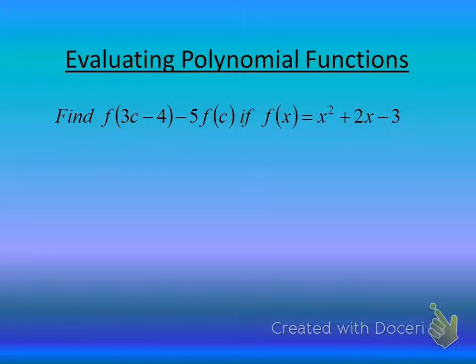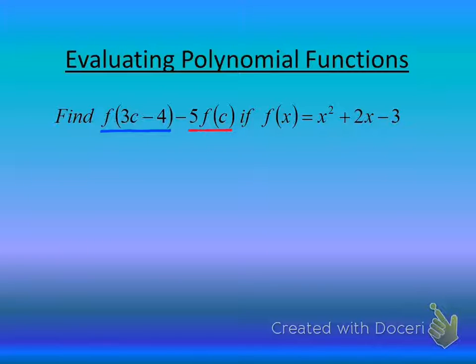Okay. So, find f of 3c minus 4. There's part 1. We'll do it in blue. Minus 5 f of c. We'll do that in red. So, that means that 3c minus 4 needs to go in for this x, and don't forget your negative 3.